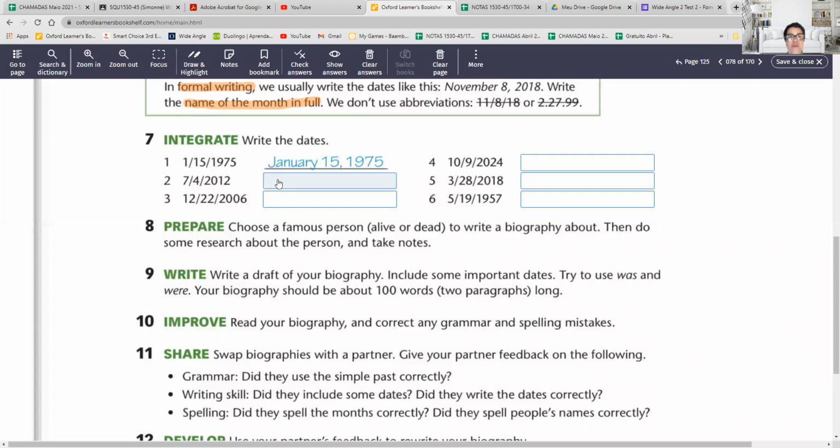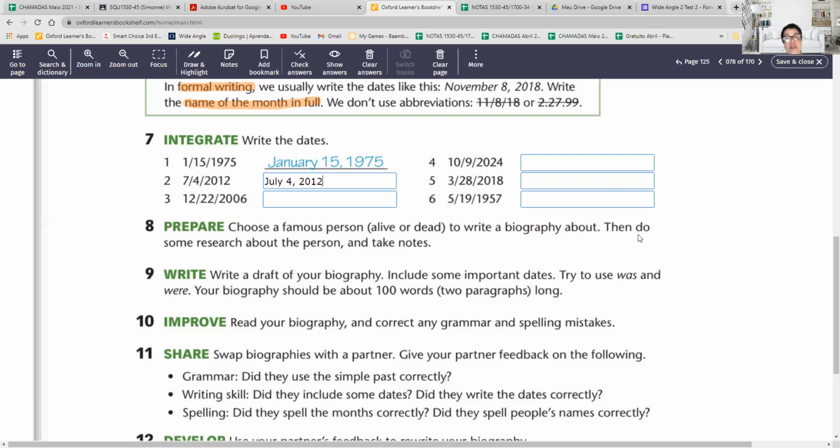What about number 2, guys? July. After July, do we put a comma? No, no comma. So let's put the number four. July 4, and then comma, and then the year, 2012.